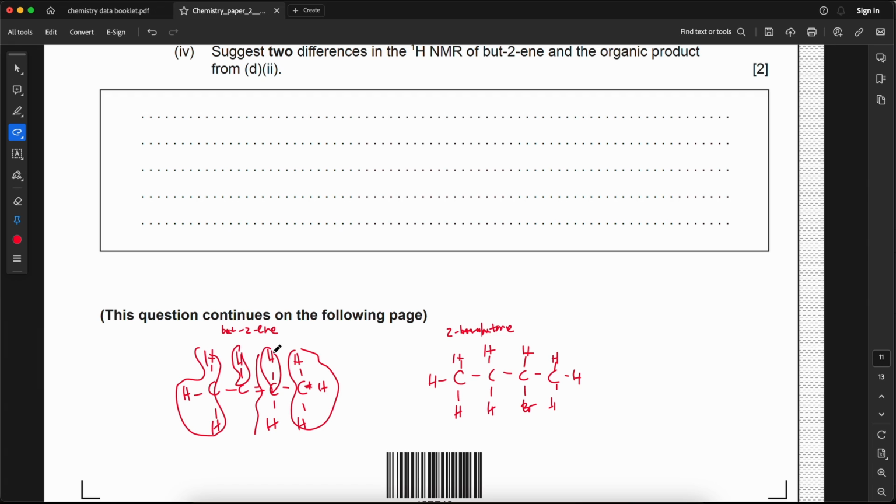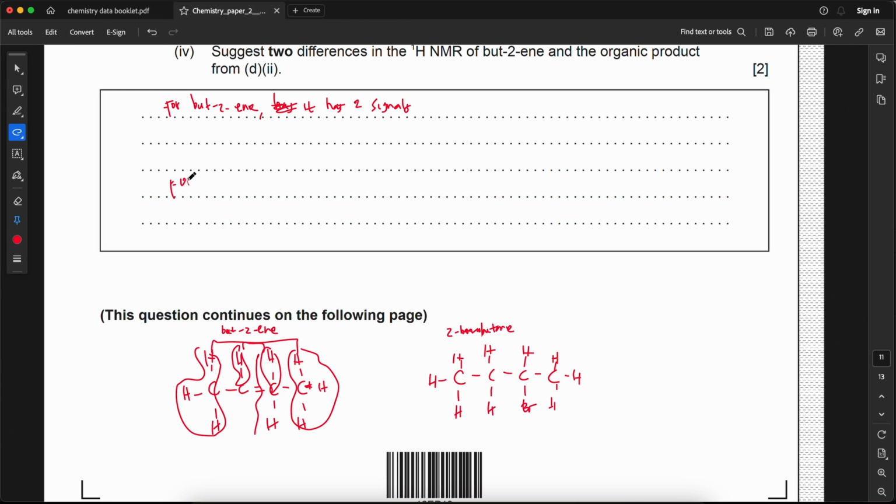So we have only 2 H environments, this one the same, this one the same. So for butene, it has 2 environments, all right?